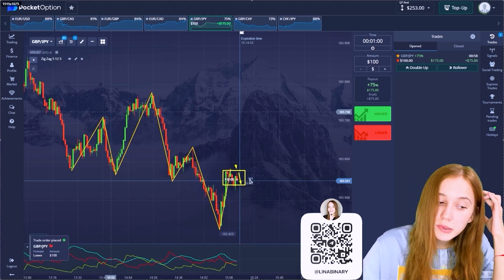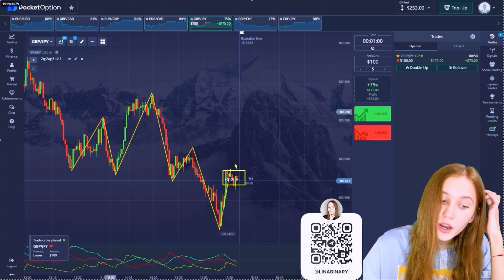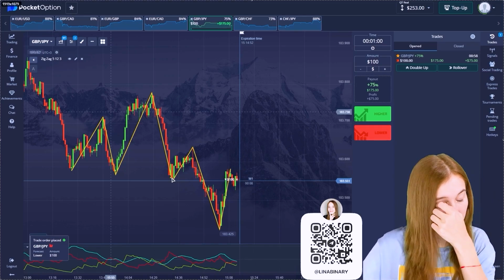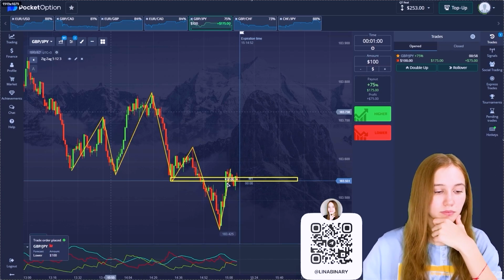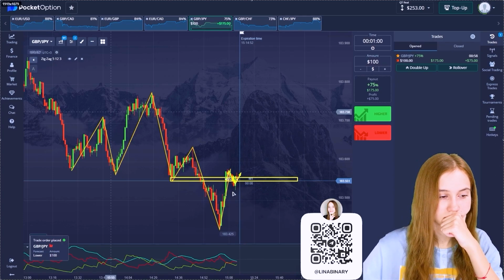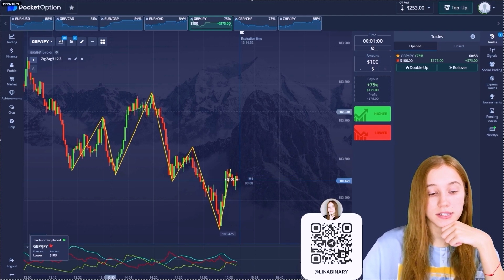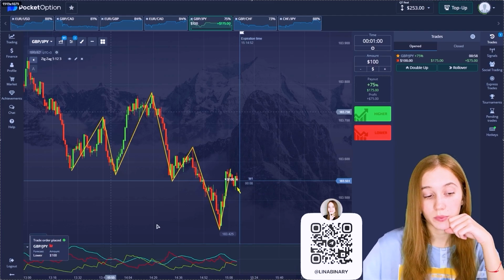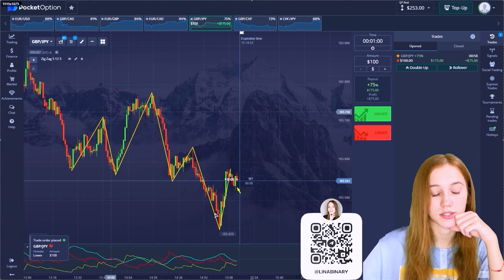This consolidation began due to growth, according to indicators. What we see, by the ADX, green is directed slightly upward and red is slightly downward, but we are guided by our analysis.